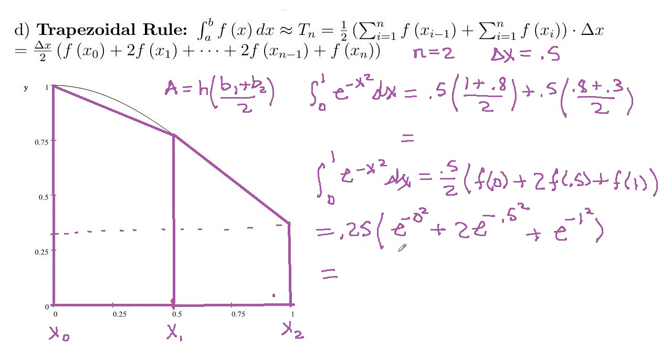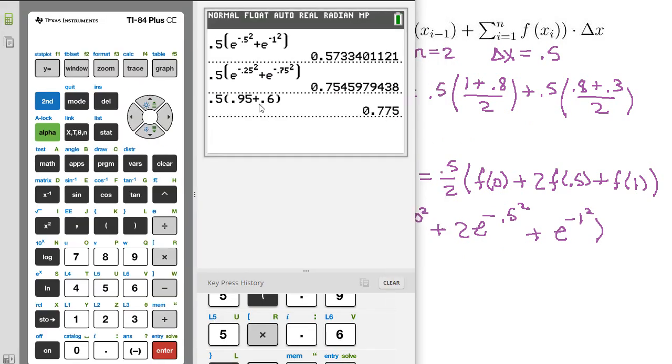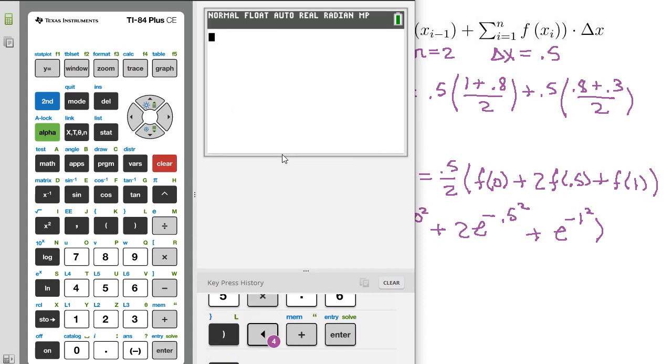Let's go ahead and compute this one first on the calculator, and then we'll go back and grab this one to see how close we were. I guess it's not going to matter because I don't have this in the previous line. So let's clear out and do this one up here. I got a 0.5 times parentheses, 1 plus 0.8, 1.8 divided by 2, so actually 0.9.